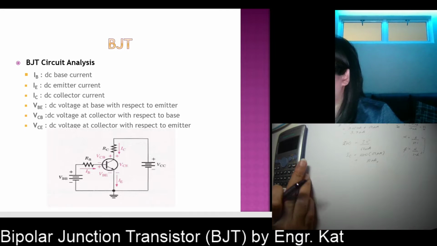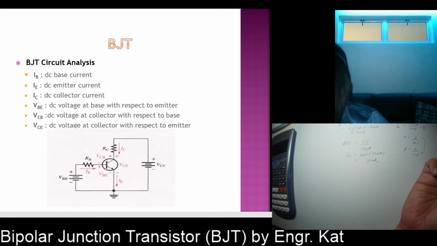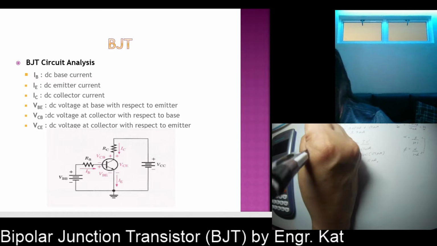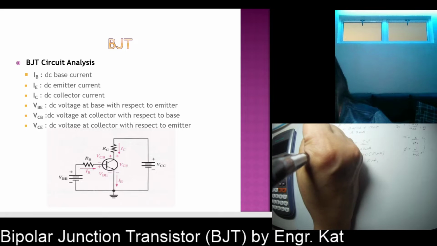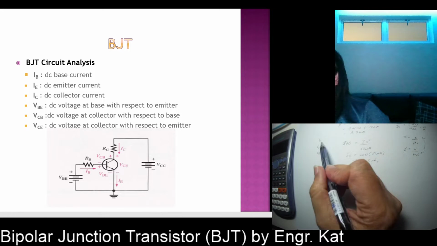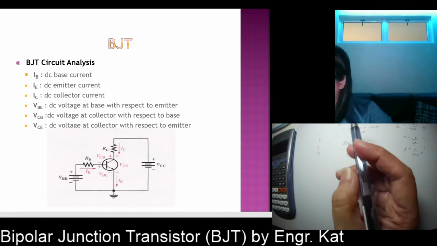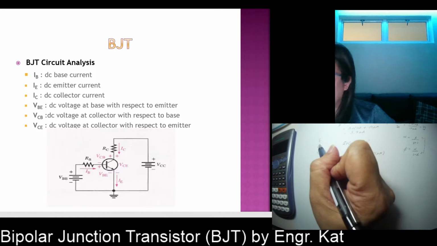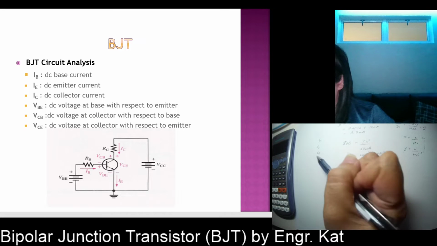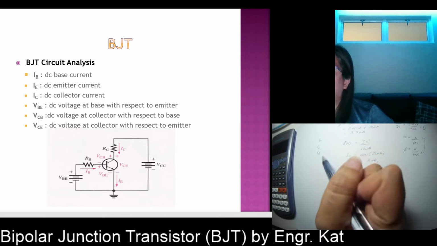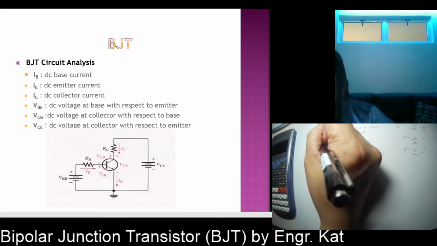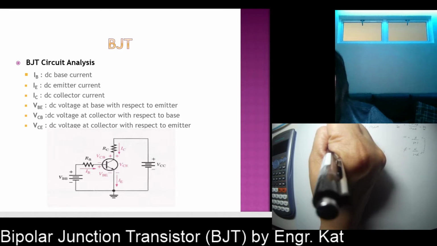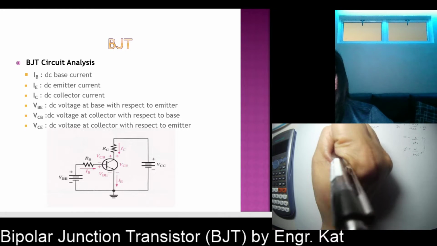You can also encounter voltages such as VC, VE, and VB. What do we mean by VC, VE, and VB only? In these cases, the positive polarity is at the collector, at the emitter, or at the base, and the negative is at the ground. So when you have VC, VE, and VB, this is always with respect to the ground. Okay, so remember that.